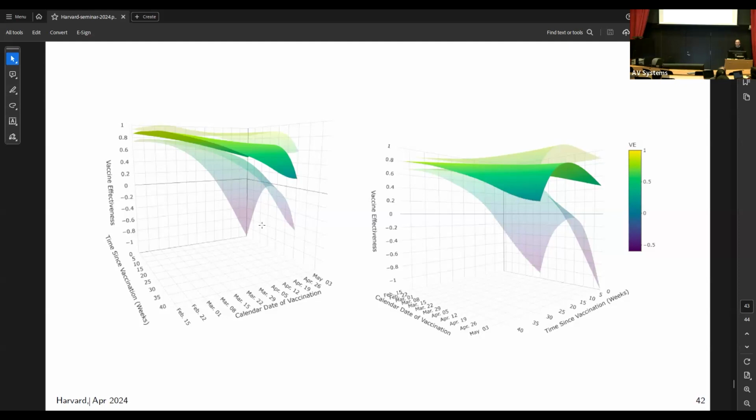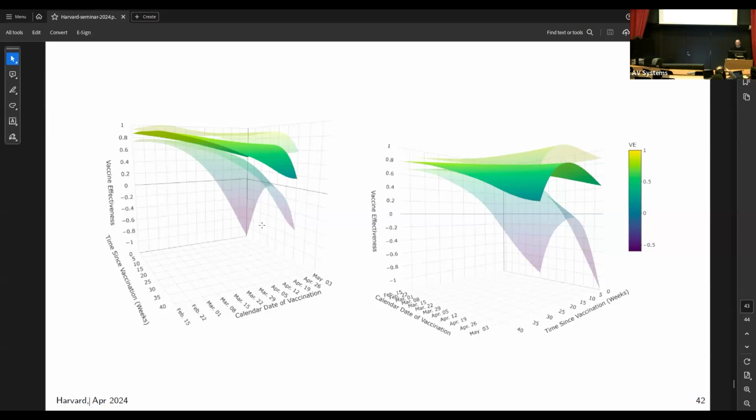I don't know of any that really do a time-dependent analysis at all because of the selection problem. That's the spirit of trial emulation, because you're conditioning on not being infected at the time.